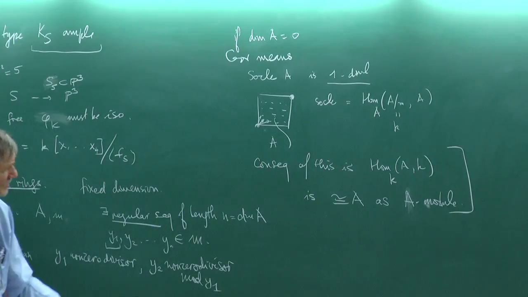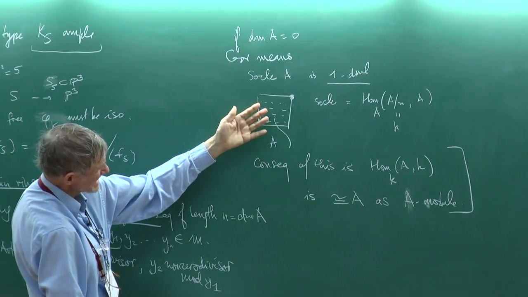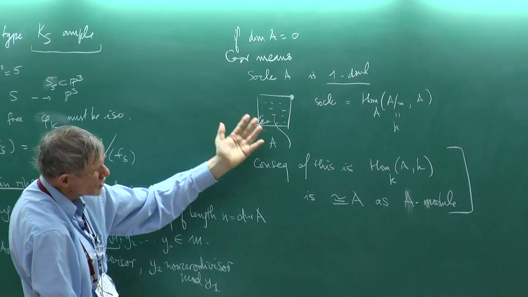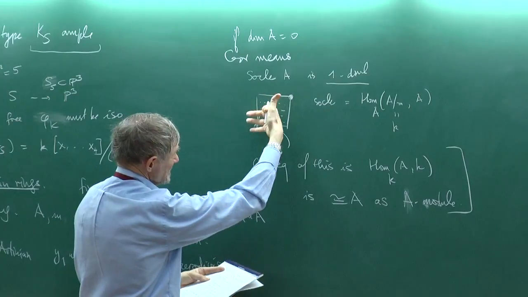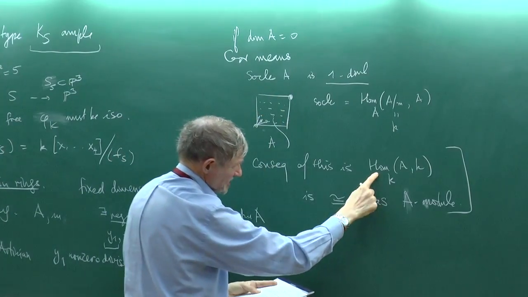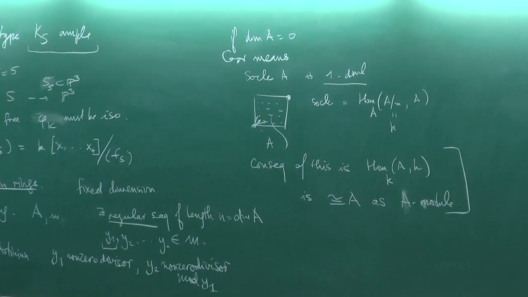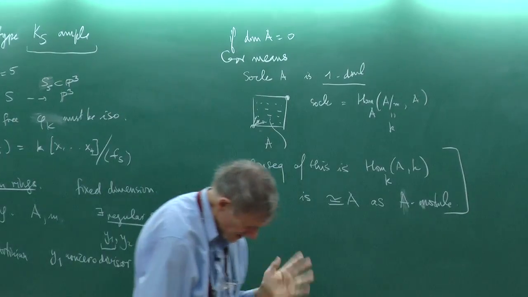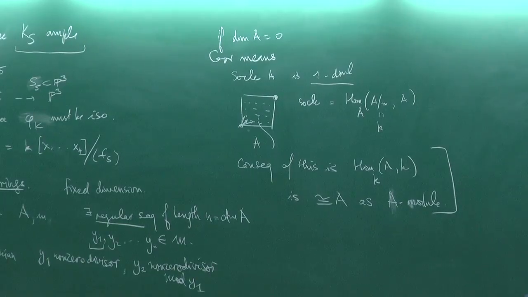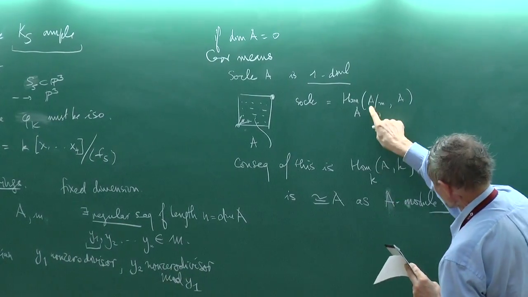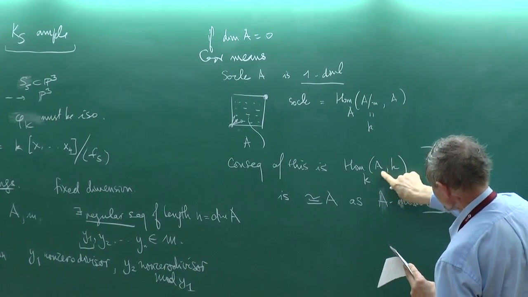And so it means that this picture is its own dual. You can take this picture and flip it like that by doing this Hom_A(-, K). This works even if you're not defined over a field. This works for general Artinian rings, but you have to be just a little bit careful about these things.